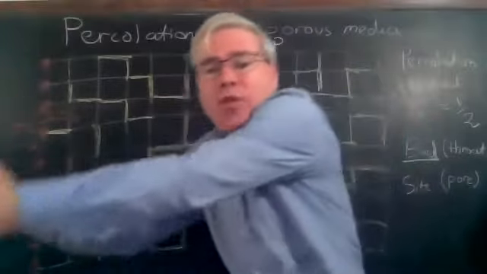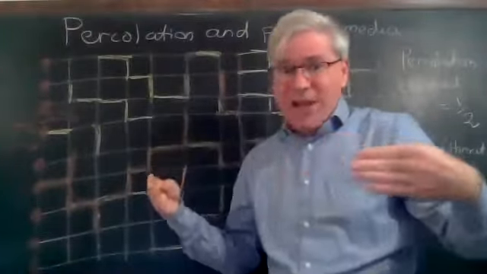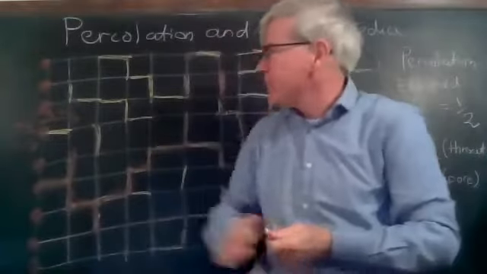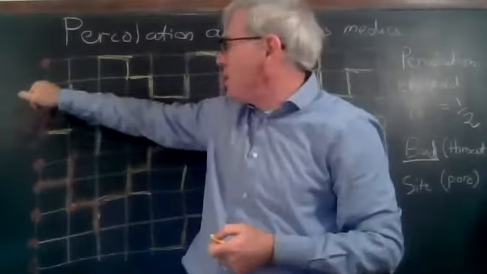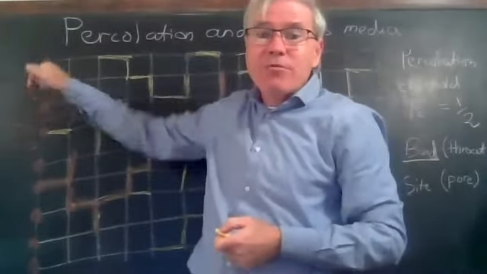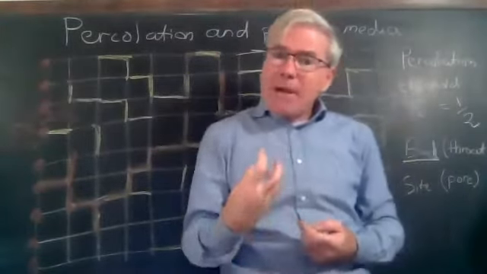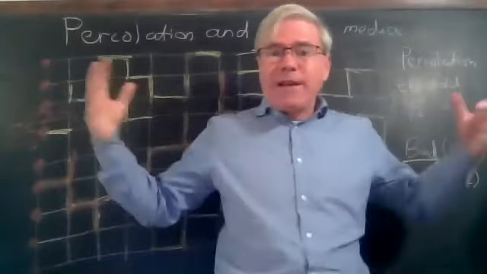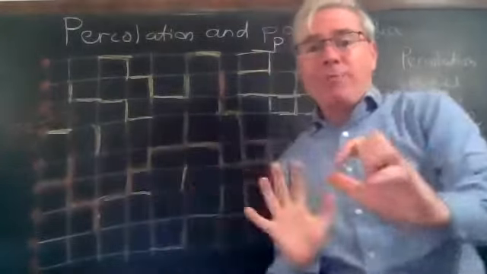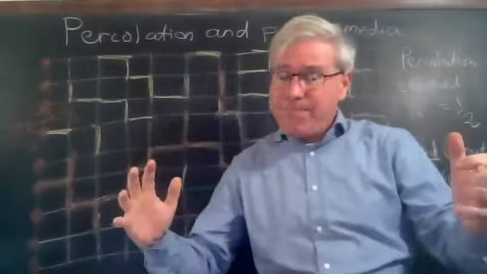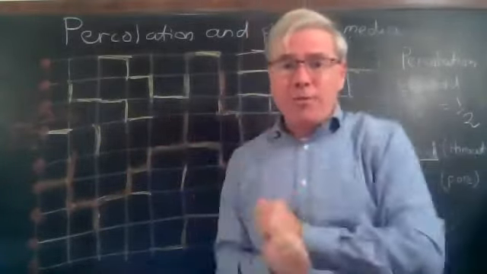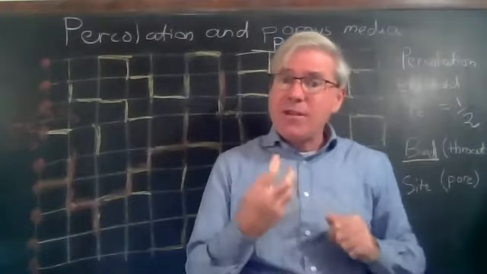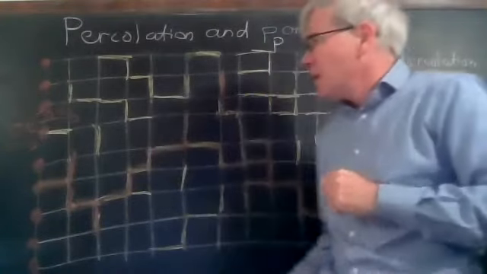To get to another room, you have to go through a restriction. That's the door. So this represents a pore, a wide region, and the links represent the throats. Because it's the non-wetting phase that likes to be away from any of the walls, it's restricted by going through the narrow parts of the pore space, those throats.